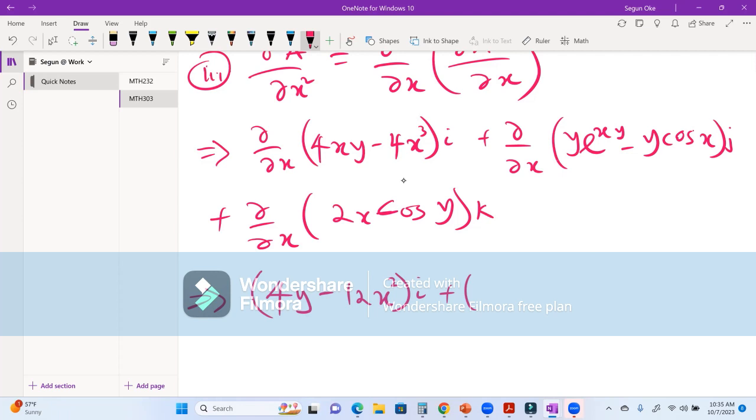Plus y squared exponential xy. Remember y in this case is just a constant because we are differentiating with respect to x. So then you have minus, when you differentiate cos, you have what? Minus sin, right? Yes, sir.